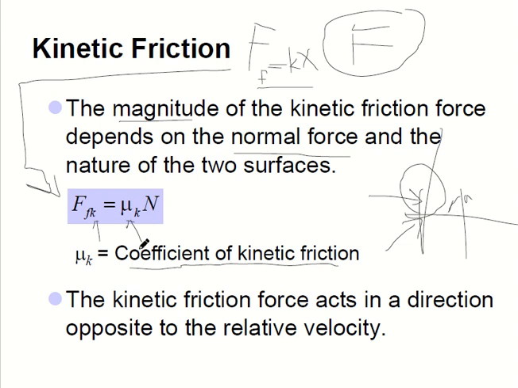This mu comes from the environmental factors of where we are living, which is our planet. The kinetic friction force acts in a direction opposite to the relative velocity.